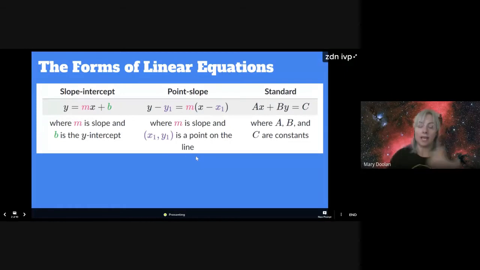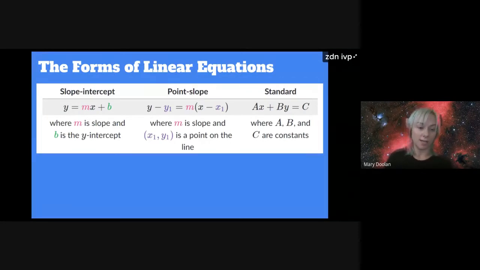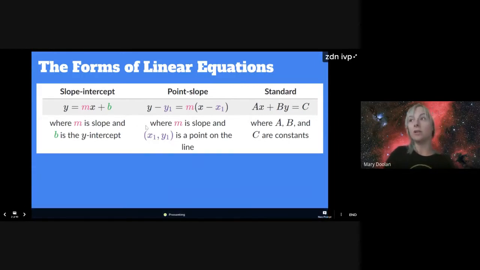So if I say, here's the slope of a line, 1/2, and here's a point that lies on the line, like -10, 47, I can quickly write the equation of the line: y minus y1, the y coordinate that's given, equals the slope m times the quantity x minus x1, where x1 is the x coordinate that's given.